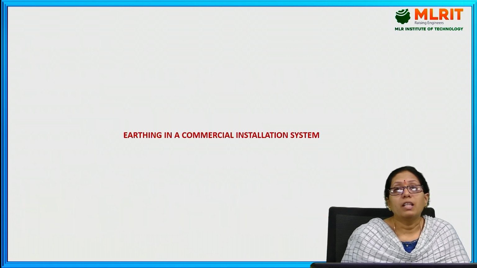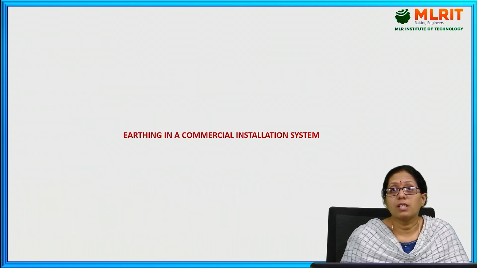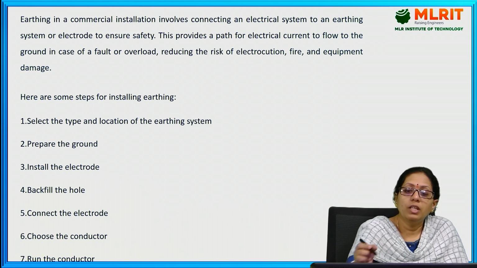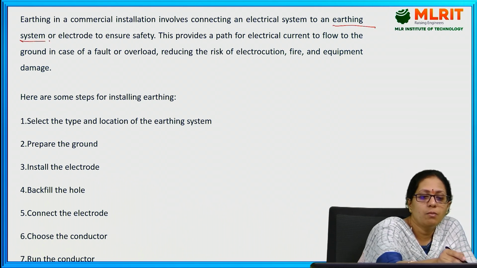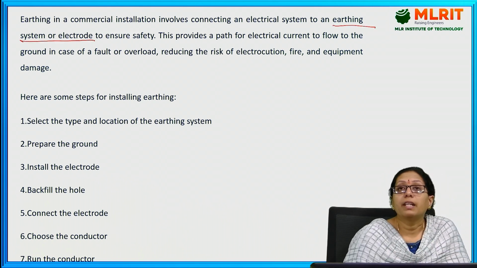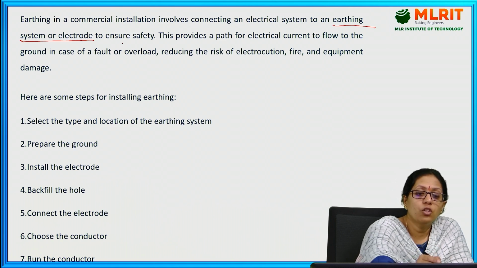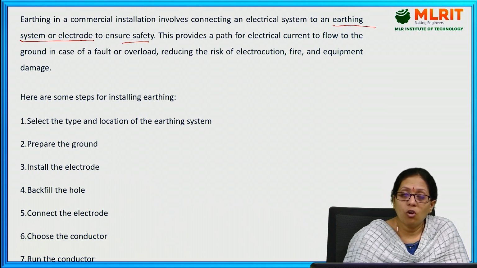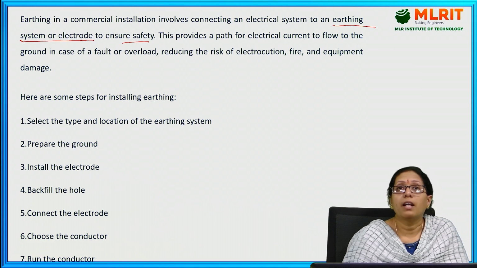Now, earthing in a commercial installation system. Earthing in a commercial installation involves connecting an electrical system to an earthing system or electrode to ensure safety during faulty conditions. In order to avoid shock, we provide this earthing system.